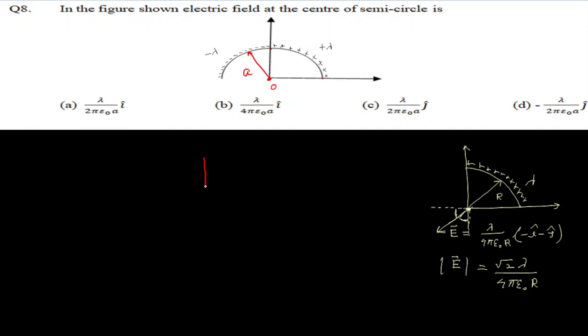So let me again draw this figure. This is the x-axis and this is the y-axis, and we have a semicircle like this. This is the center of the semicircle. On this part we have plus lambda charge.